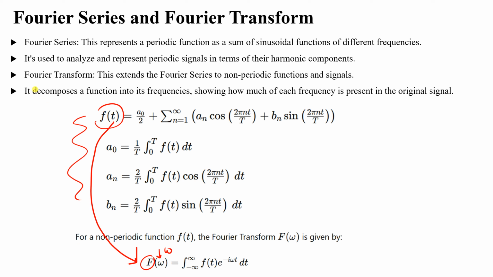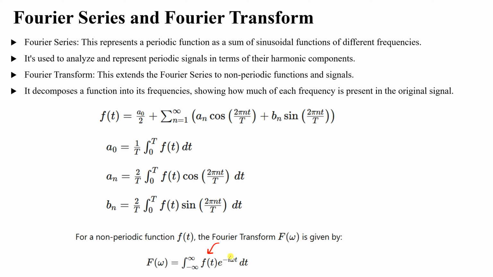So we say that Fourier transform converts a signal from the time domain to the frequency domain, or j omega. For the equation of Fourier transform, we put our function here and multiply by e to the power negative j omega t.